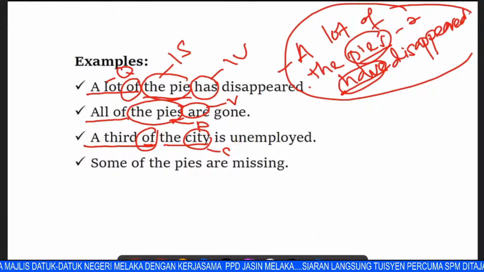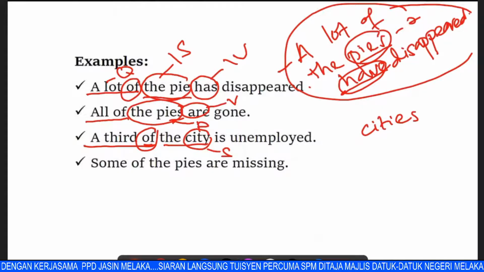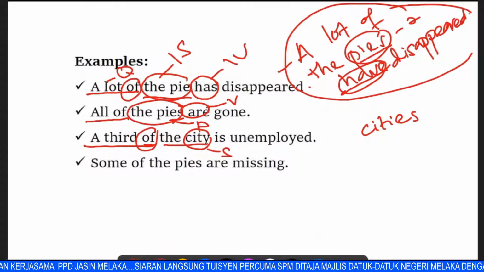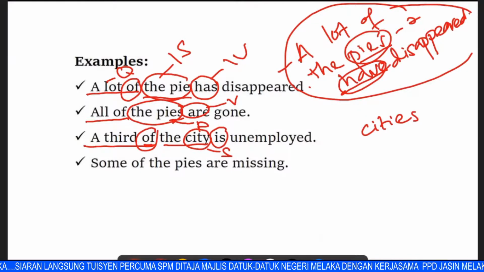If it is plural, it will change the spelling; the plural form for city will be cities. Am I right? Since city is only one city, it is singular, so the verb we use is. A third of the city is unemployed.